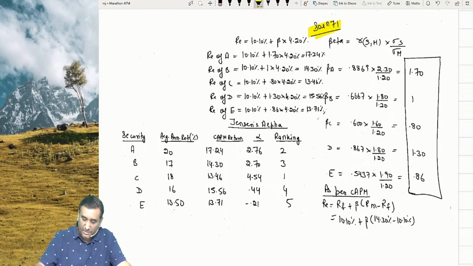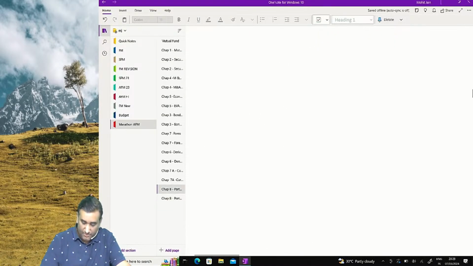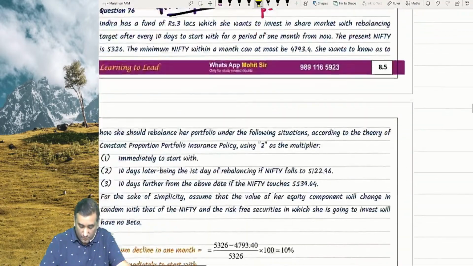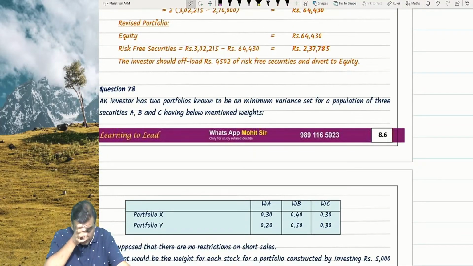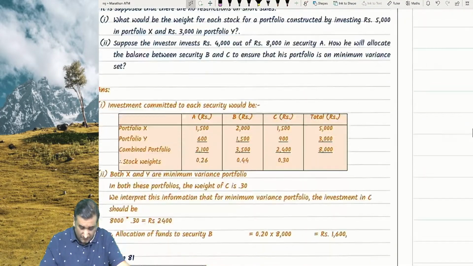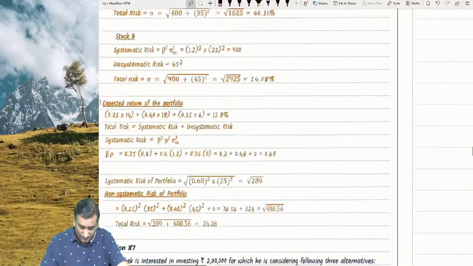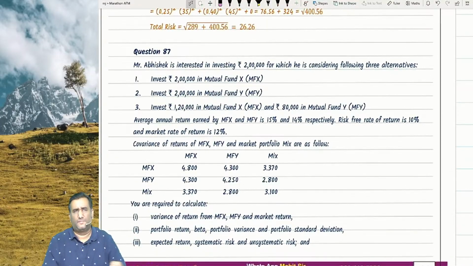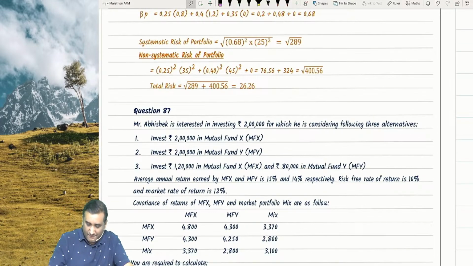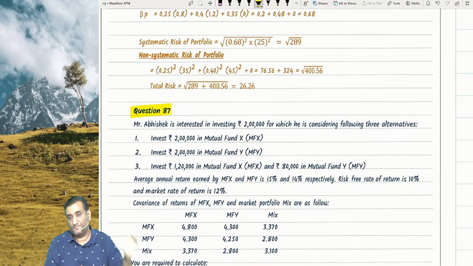Now let us practice the comprehension. Number 87.